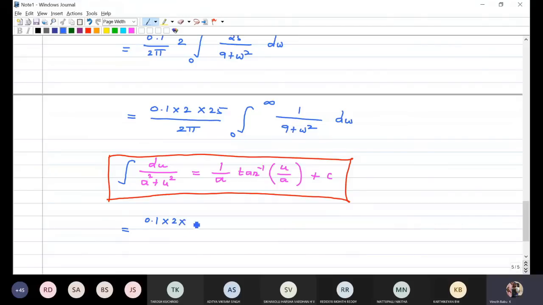I'm not doing that. In this case, a is 3. So it is 1 over 3 tan inverse omega over 3. The integral limit is 0 to infinity.